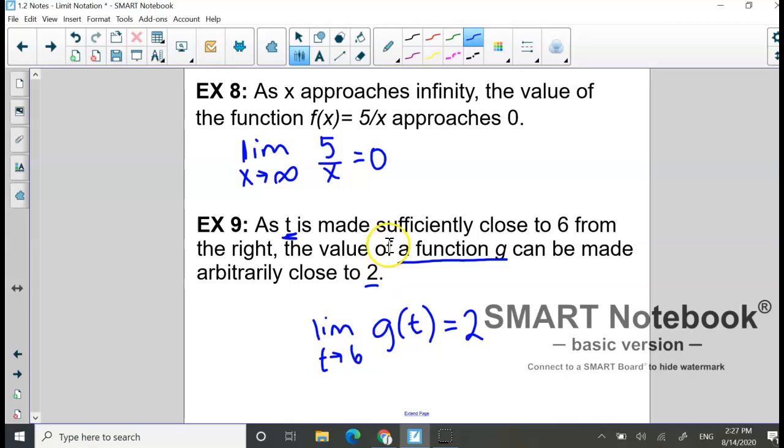So t is made sufficiently close to 6. T approaches 6 from the right. Oh, I left that off. From the right means we need to put a plus sign right here beside it, behind the 6. And the value of a function g can be made arbitrarily close to 2. So 2 is the answer for this problem.